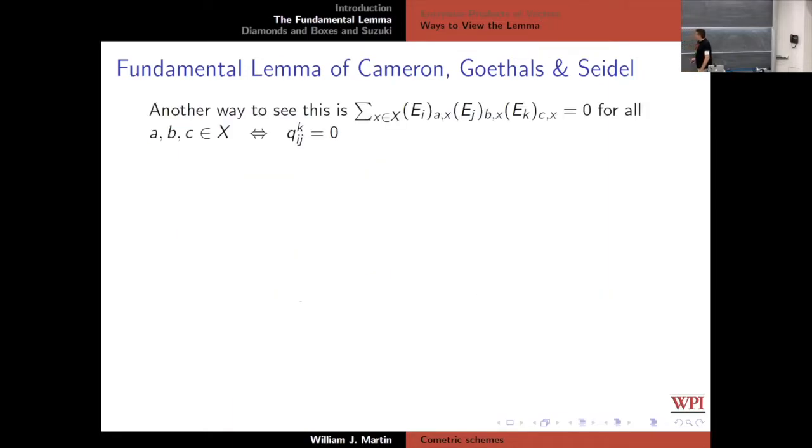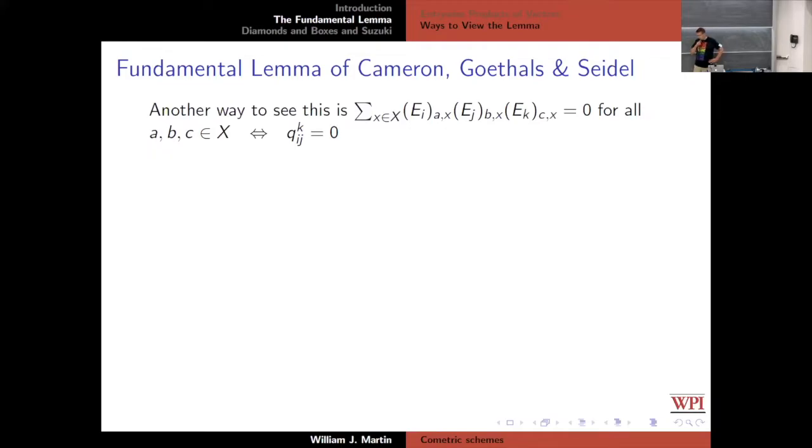Another way: if I take the entry-wise product of column a of E_i, column b of E_j, and column c of E_k, and take the dot product with the all-ones vector, that's 0 for all a, b, and c if and only if the Q parameter is 0.